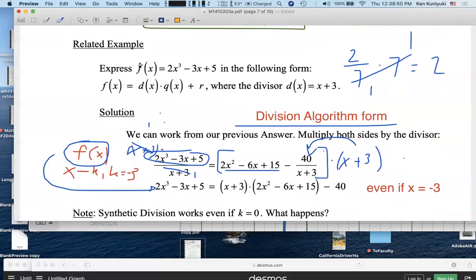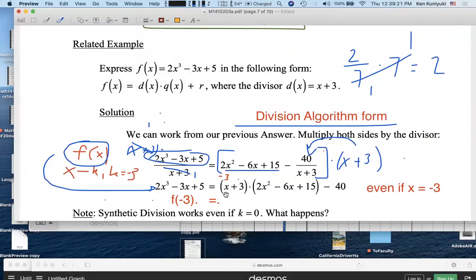So here's my claim. If you plug in x equals negative 3 on the left, if this thing is f of x, I'm talking about evaluating f of negative 3. What happens when you plug in negative 3 on the left-hand side? You're evaluating f of negative 3. Equals, well, if you plug in negative 3 into here, x plus 3, negative 3 plus 3, guess what?